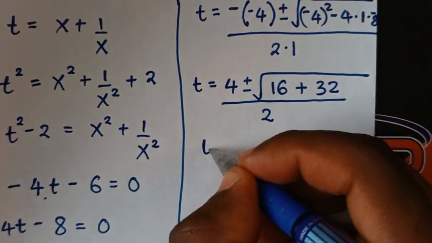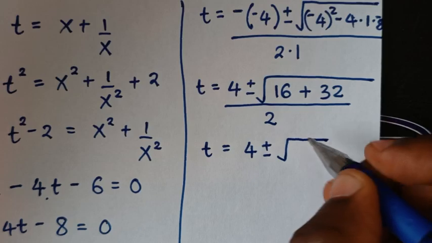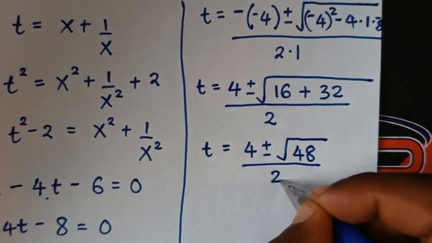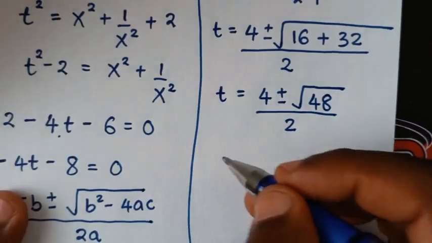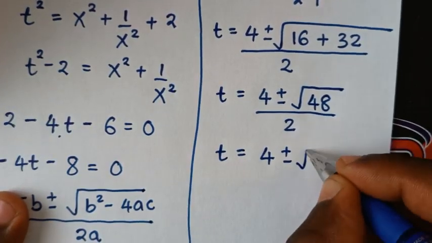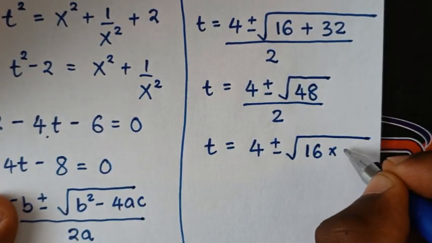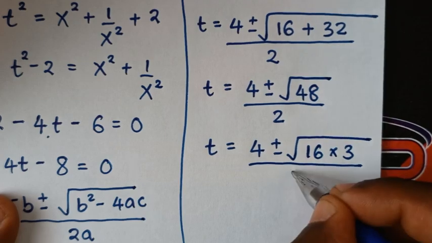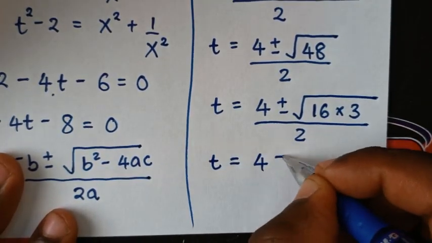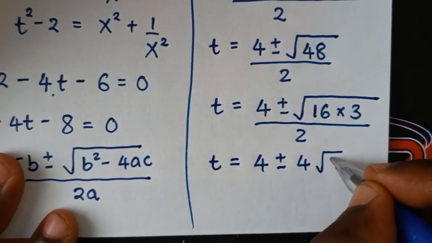So t is equal to 4 plus or minus the square root of 16 plus 32, which is 48, over 2. 48 is 16 times 3, so t is equal to 4 plus or minus the square root of 16, which is 4, times the square root of 3.